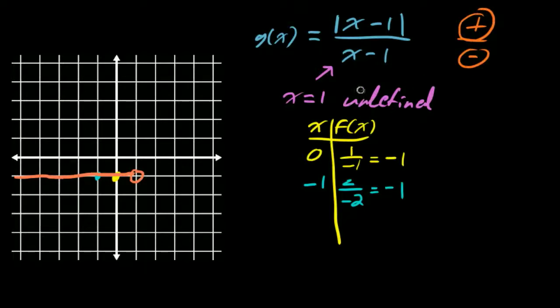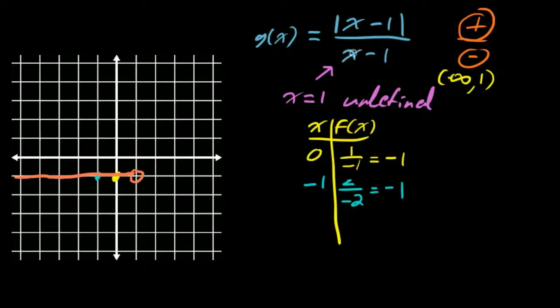Let me throw in the limits there: on the interval from negative infinity up to 1, we're going to have something positive in our numerator divided by something negative in our denominator. So it's always going to be 1 times negative 1, pretty much. We're always going to have a line at negative 1 on this interval from negative infinity up to but not including 1.